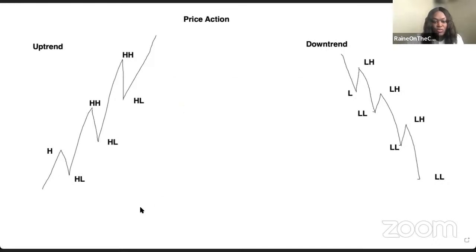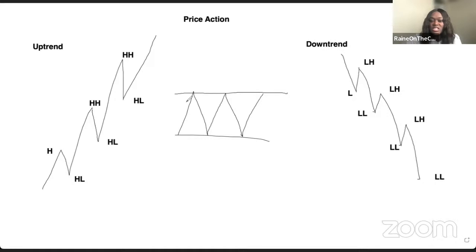It's just going to be moving along in between. So it's not breaking the high, it's not breaking the low. So it's just making equal highs and lows.